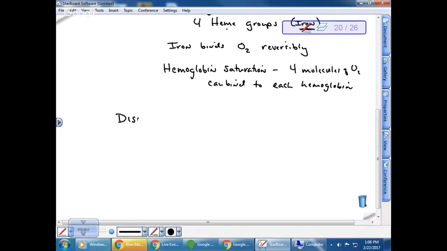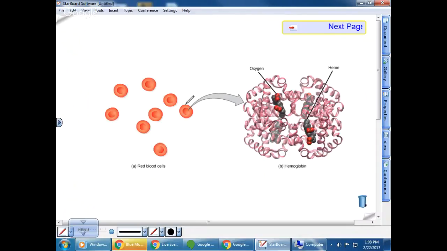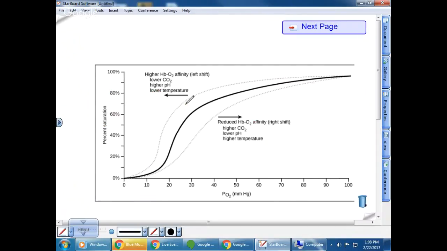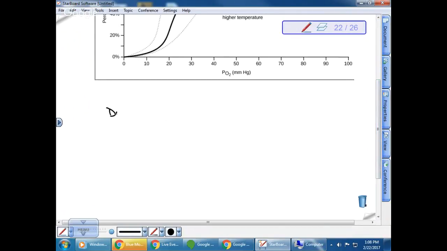Dissociation, let's see if I can spell that right. I can't ever remember how to spell that word.